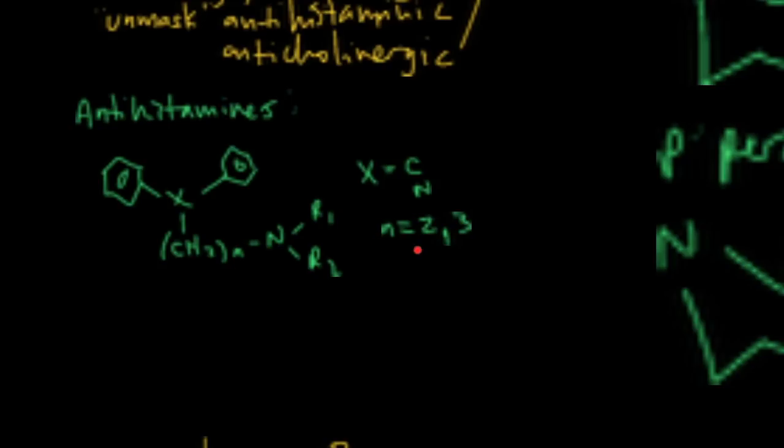This n corresponds to how many you can have. So CH2 2 means you have 2 CH2 groups. CH2 3 means you have 3 CH2 groups. And then your tertiary amine.